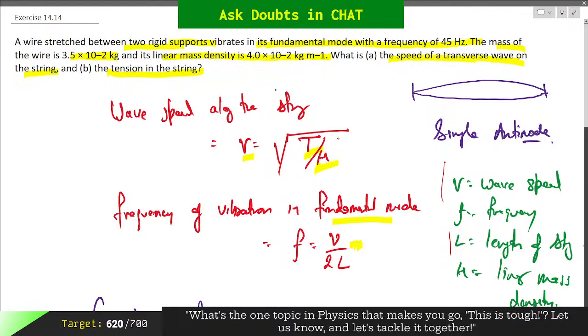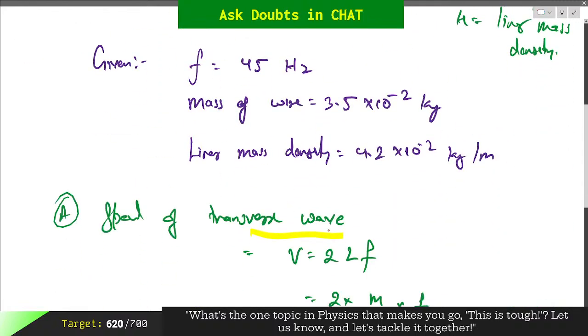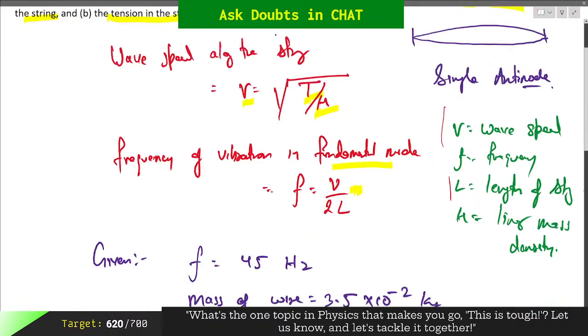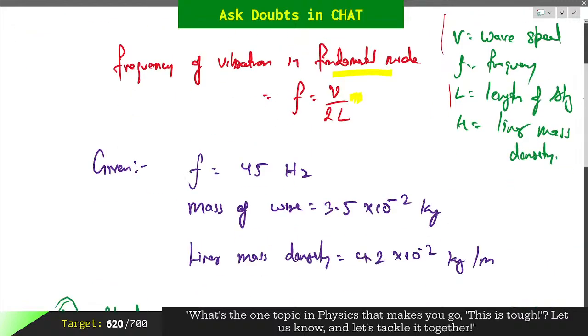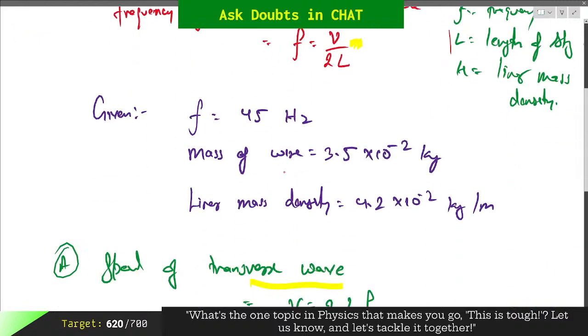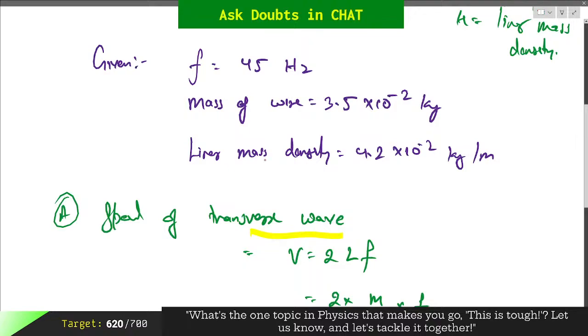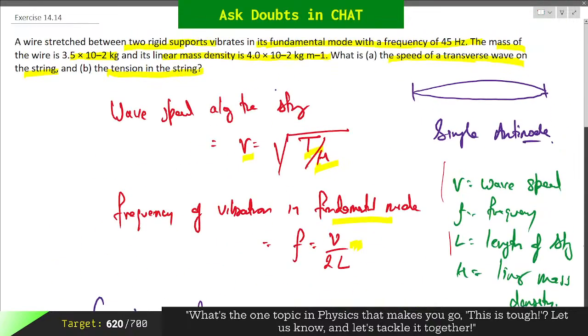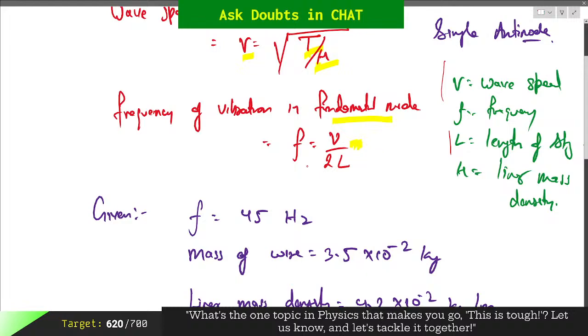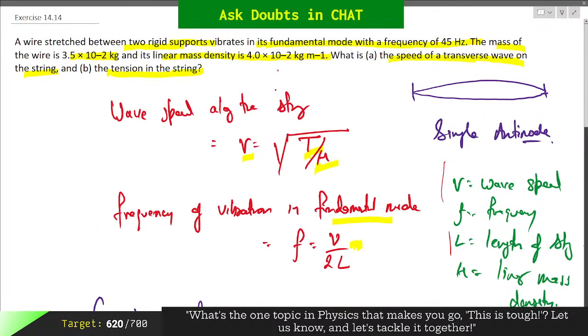We know that the frequency is 45 Hz in the fundamental mode. The mass of the wire is given as 3.5 into 10 to the power minus 2 kg, and the linear mass density is 4.2 into 10 to the power minus 2 kg per meter, as it is given.